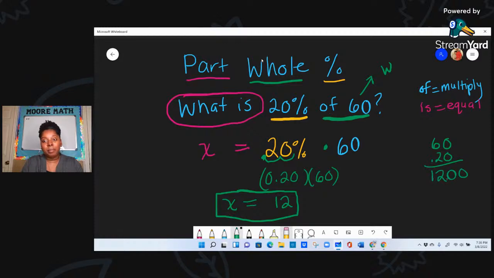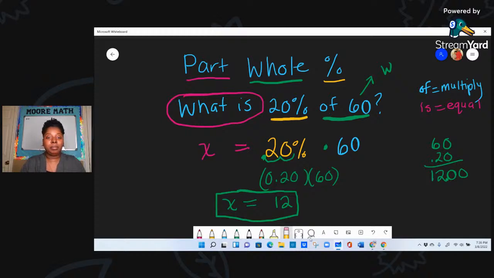Then you have 2 numbers that should be after the decimal. And that's how we got 12. Okay, so x equals 12. So that's an equation if we're trying to find the part. Okay, so that's the equation method. We're just following the words.